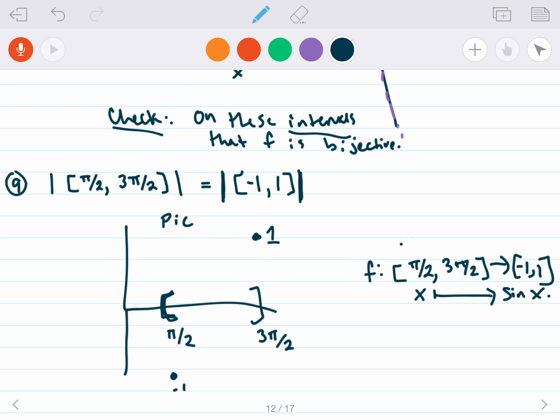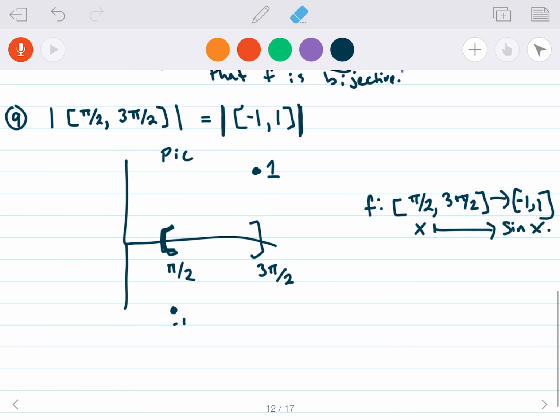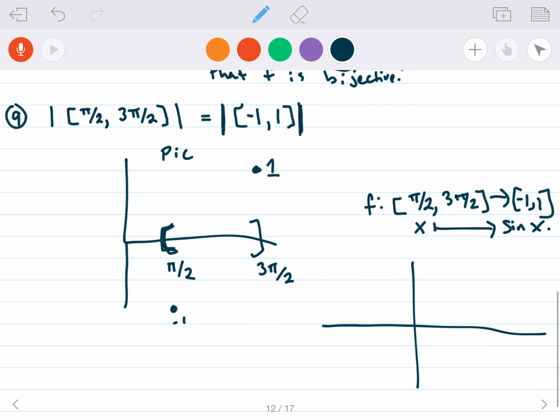Normally, this is the importance of restricting the intervals. If you're just drawing out this function, we know that it's certainly not injective, right? We have something like that.